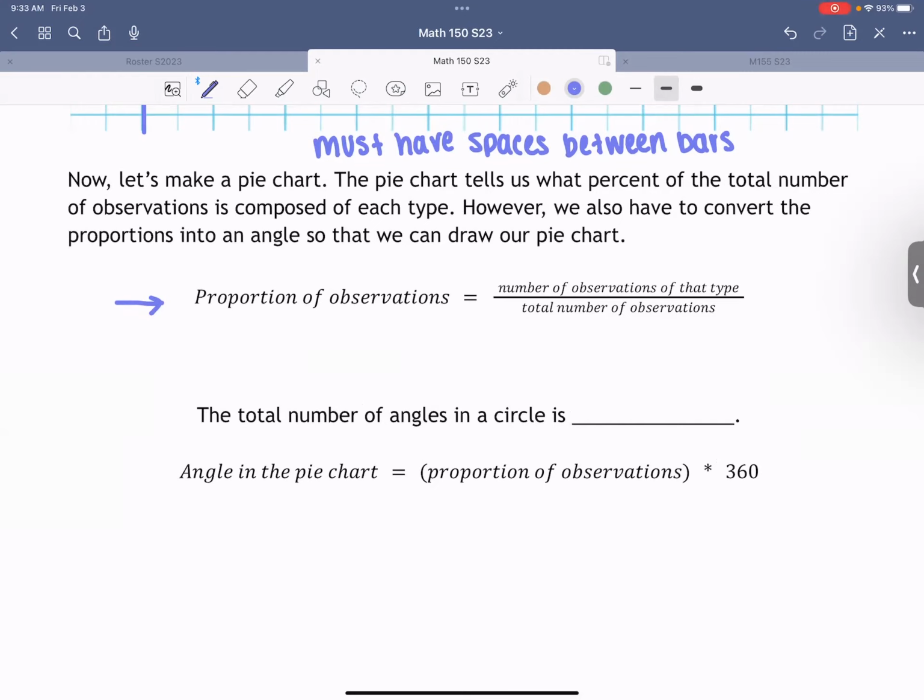So that kind of gives us the proportion of things that there are. If that's confusing, then just wait till we do an example. But that's not the angle in the pie chart, right? The proportion of times things happen isn't the angle that you have in the circle. Now, before I tell you about the angle or how we actually calculate that, does anyone know the total number of angles in degrees that there are in a circle?